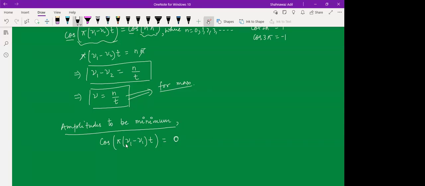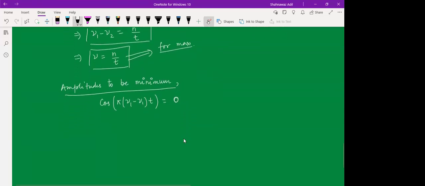Whenever you have this thing 0, your amplitude would be 0. So for what value is cos 0? Cos pi by 2 is 0. Cos 3 pi by 2 is 0. Cos 5 pi by 2 is 0. Right? So odd multiples of 90.